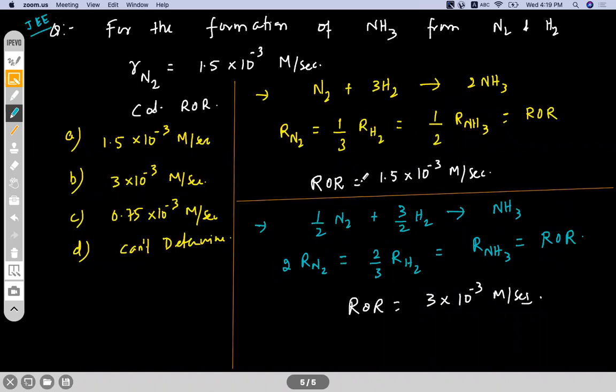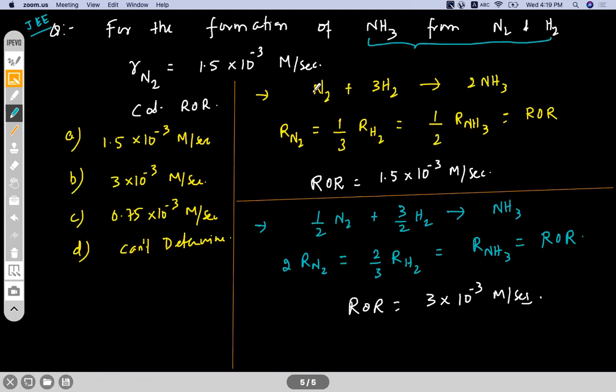And see how they frame the question. It's a very simple reaction, right? Everyone knows this reaction. Even a 10th grade student, if you ask what this reaction is, can write N2 plus H2 gives 2NH3. So they have taken a very simple reaction so that you can directly write down this reaction and find the answer with respect to it.